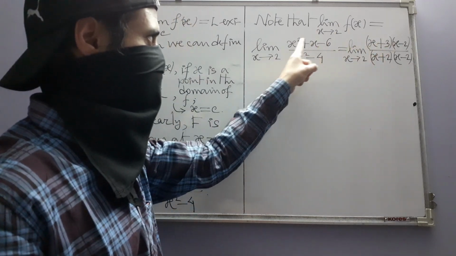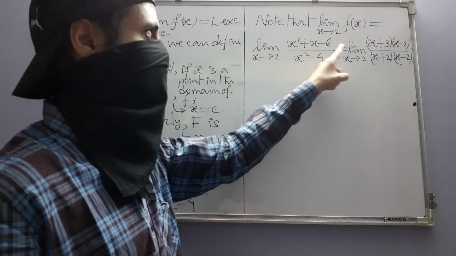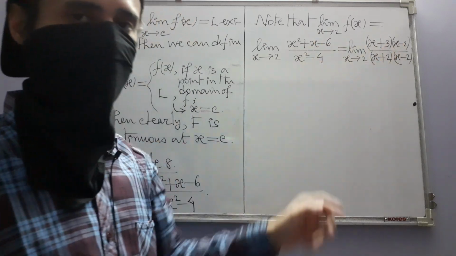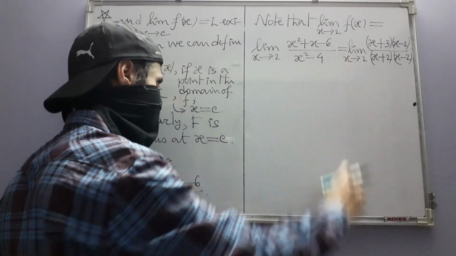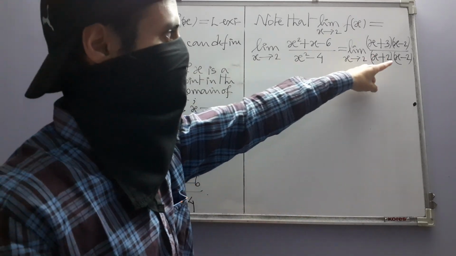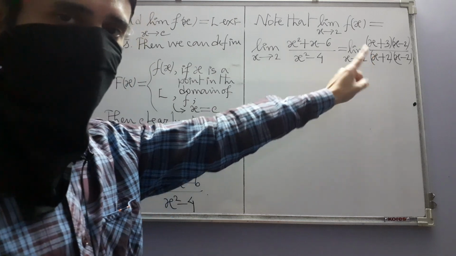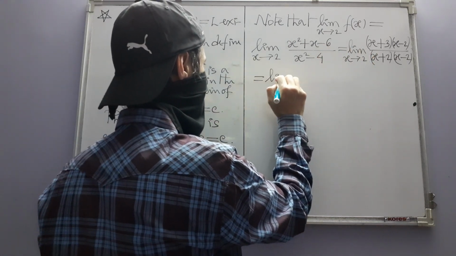X square, of course, we are getting 3x minus 2x is plus x, and 3 times minus 2 is minus 6. Yes. Now, because in such a limit the variable x is never actually equal to 2, so x minus 2 is non-zero, and so we can cancel those two factors, and we end up with this.